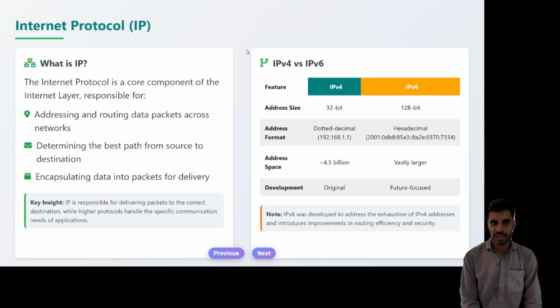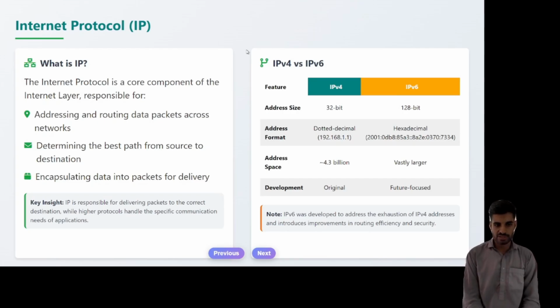So what is an IP? Internet Protocol is a core component of Internet layer responsible for addressing and routing data packets across networks, determining the best path for source to destination, encapsulating data into packets for delivery. So an IP is like an address of a certain device on the internet. So it does all of these things.